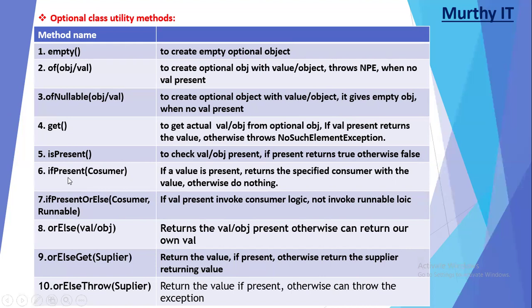ifPresent: if the value is present, it invokes the provided consumer logic. Using the consumer, we can write the logic. If the value is present, it runs it, otherwise it does nothing. ifPresentOrElse does not belong to Java 8; we got this method in Java 9.